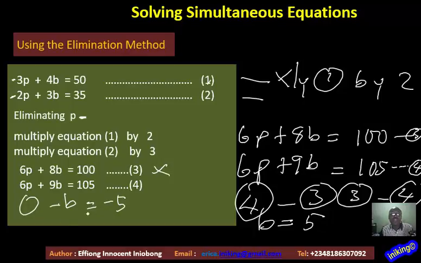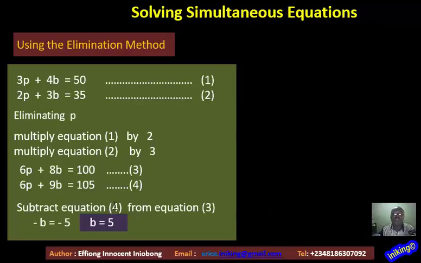Whichever one you use, if I divide both sides by minus 1, that gives me B as 5. By eliminating P, we arrived at an equation that had nothing to do with P anymore. That's where we get the name elimination method: try to drive away one of the variables. You now have only one left, and then you can solve for that one easily.